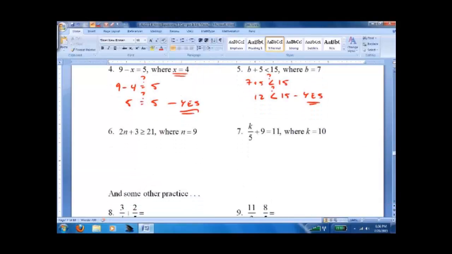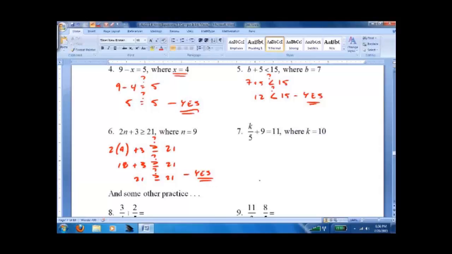Two n plus 3 is greater than or equal to 21, where n equals 9. 2 times 9 plus 3, greater than or equal to 21? 18 plus 3, greater than or equal to 21? 21 greater than or equal to 21. Well, actually, that is correct, because it's greater than or equal. If it was just greater than, it would be incorrect. But this is also a yes.